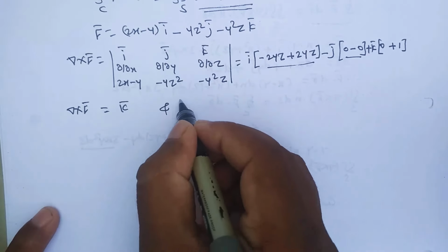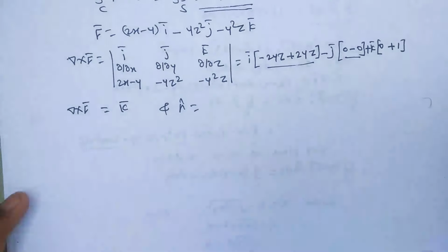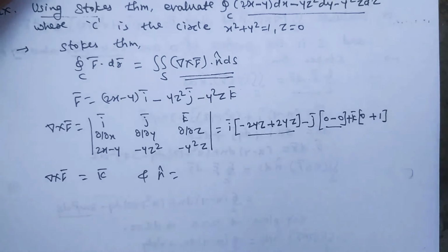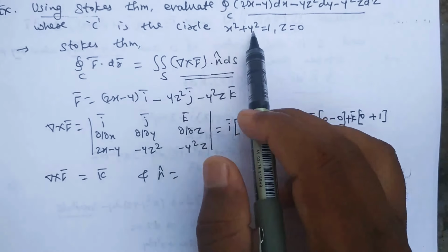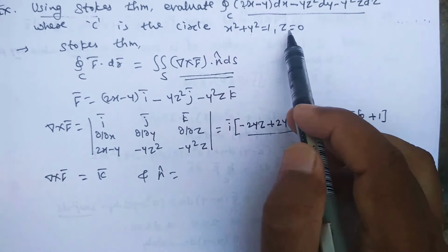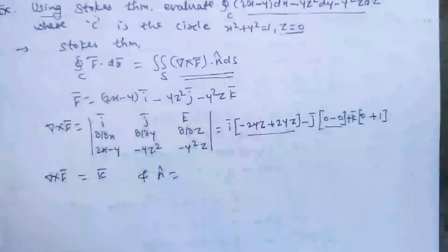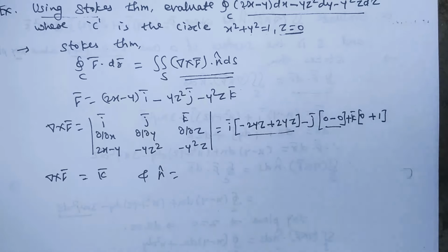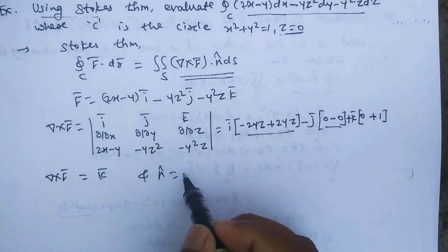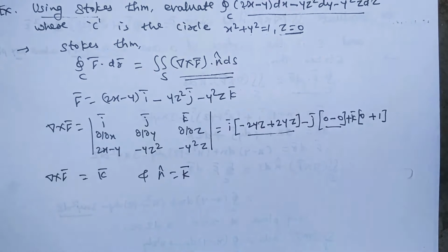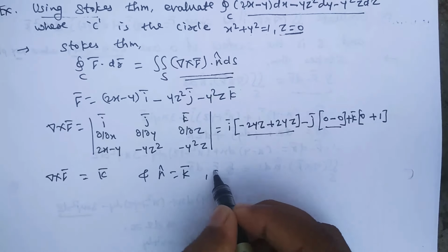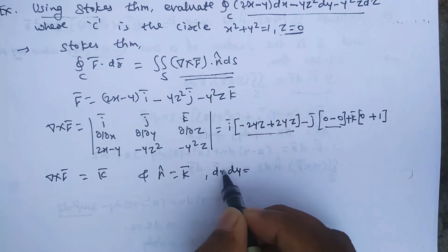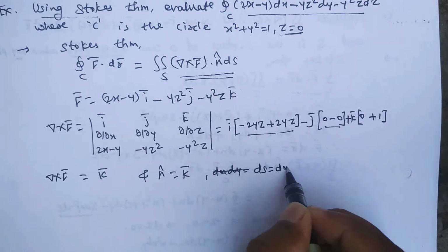And what is n̂ here? Given the surface, C is the circle x² + y² = 1 and z = 0. So z = 0 means our surface is in the xy plane, and whenever the surface is in the xy plane, the value of n̂ is k̄ and dS is equal to dx dy.